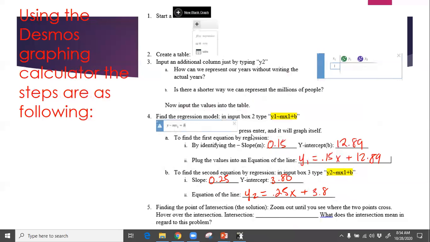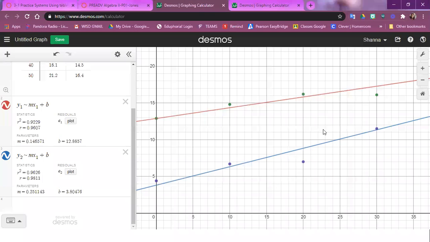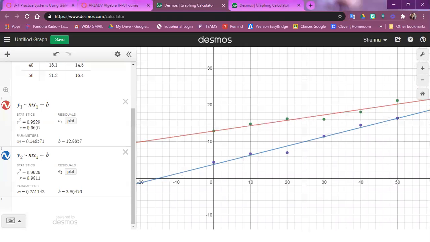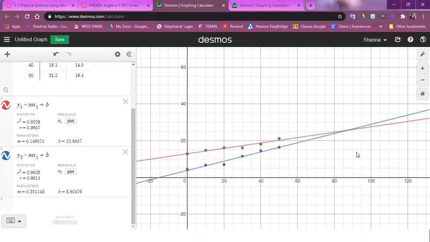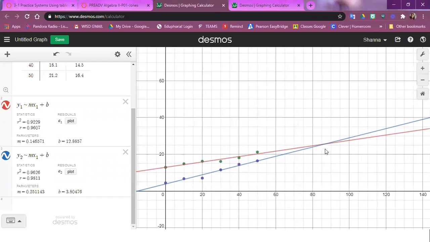Perfect. So again, all you have to do, it was pretty easy, right? Zoom out, and bam. You see the point of intersection, you click on it. Do we all see it?